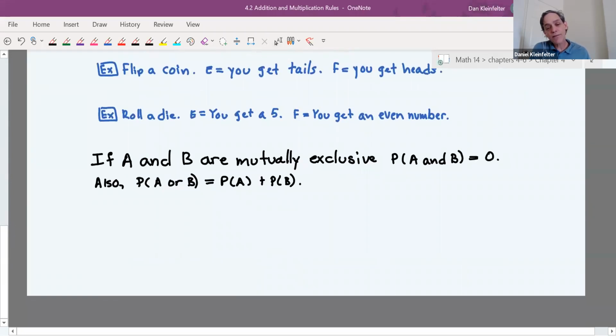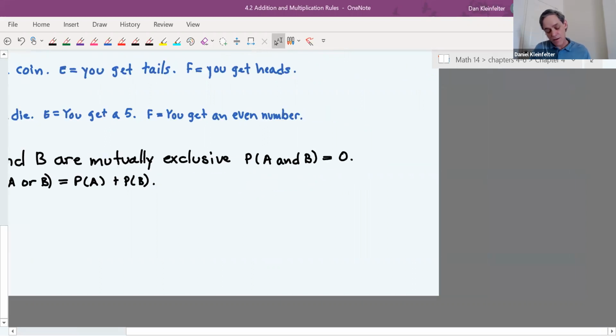Okay, if you have two events that are mutually exclusive, the probability of A and B is 0. Remember, we had discussed last time how all probabilities fall along that scale from 0 to 1, where 0 is for events that never happen, and 1 is for the probability of events that definitely will happen. So if A and B can't occur jointly, then the probability of both occurring has to be 0.